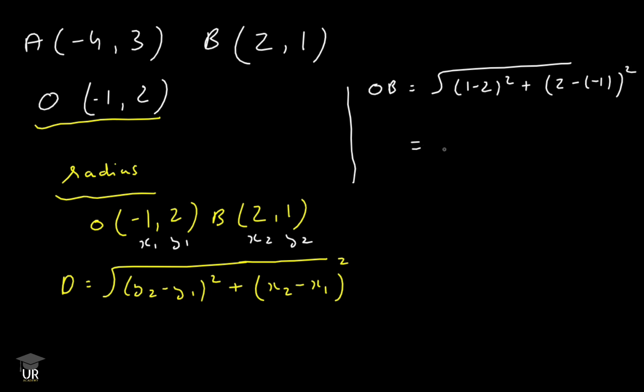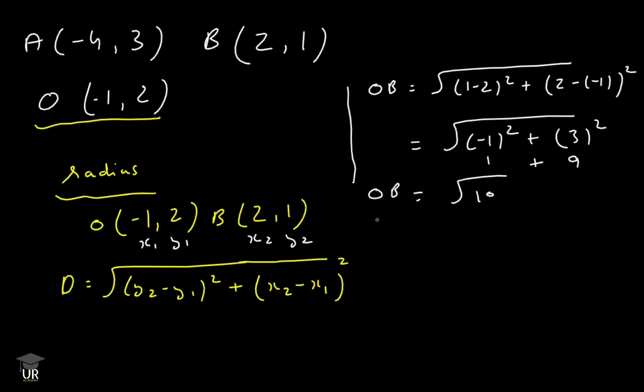So this will become minus 1 whole square plus 3 square, and this will be under root 10, because 1 plus 9 will become 10. So OB is under root 10, so under root 10 has to be your radius.